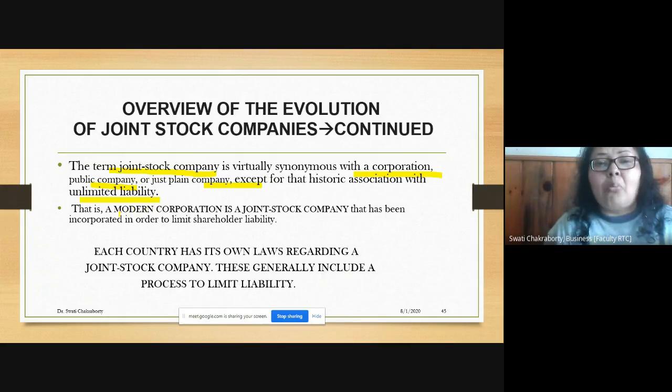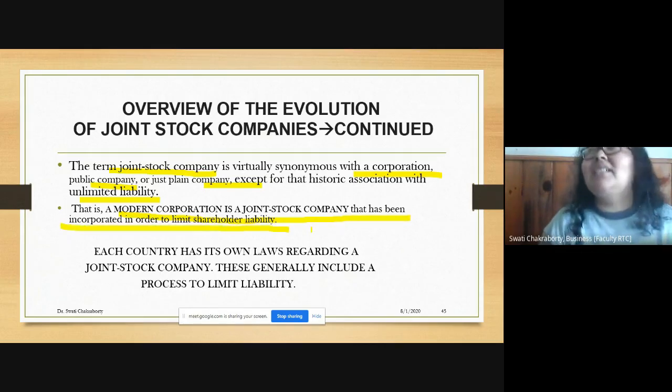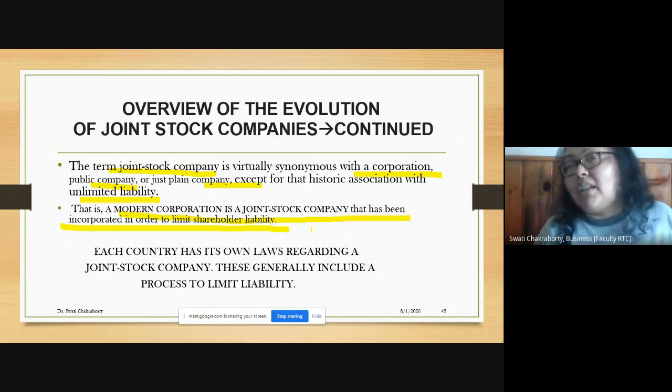So today, a modern corporation is a joint stock company that has been incorporated in order to have limited shareholder liability. Other types of companies, which have unlimited liability, can still be a joint stock company.